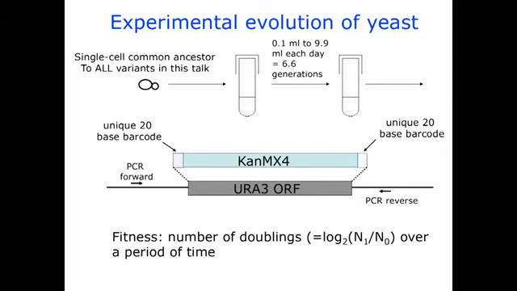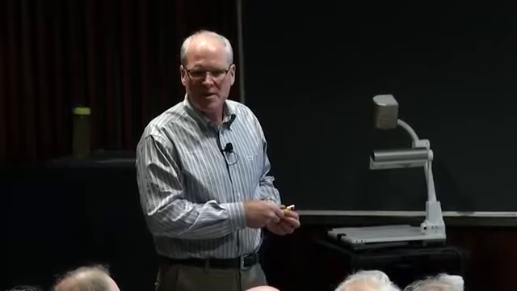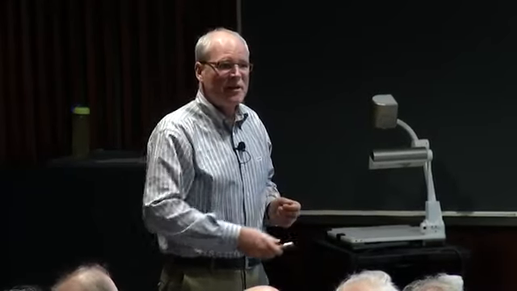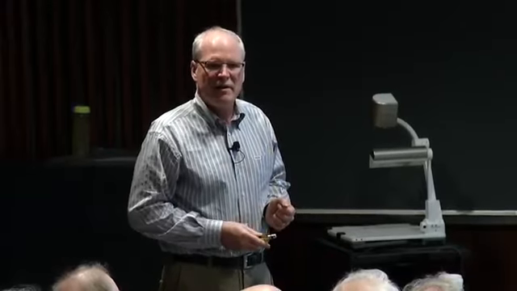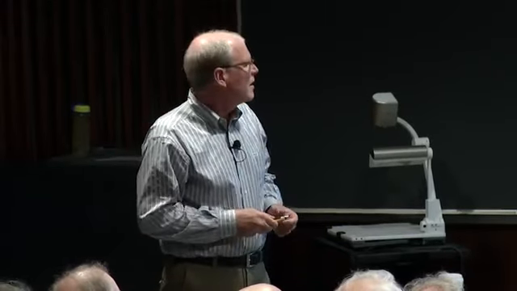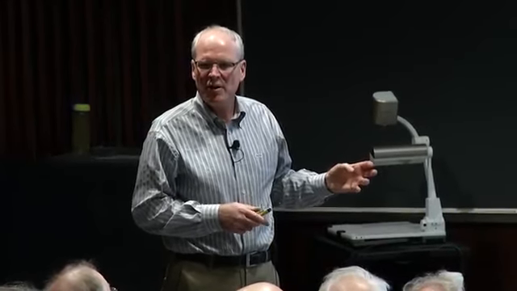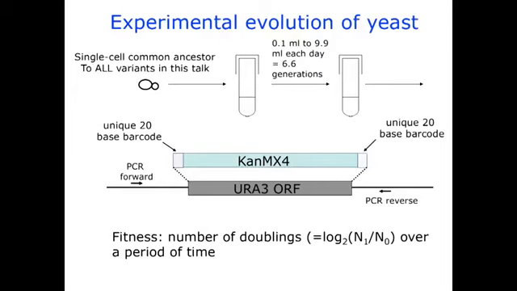It's a check. They represent a check on contamination, which can easily happen in these experimental systems where there's a daily probability of a mistake, and you need to be able to identify that when and if it happens. And we can also use the barcodes to quantify the abundance of a particular genotype in a mixture of cultures. And we're using a very simple measure of fitness. It's just basically the number of doublings.